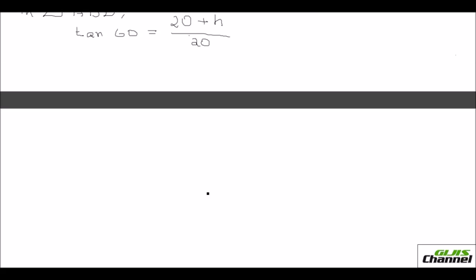So you get tan 60 is root 3, right? Root 3 equals 20 plus h divided by 20. Now apply the algebra rules. Multiply throughout by 20. So you get 20 root 3 here, and the denominator would vanish.